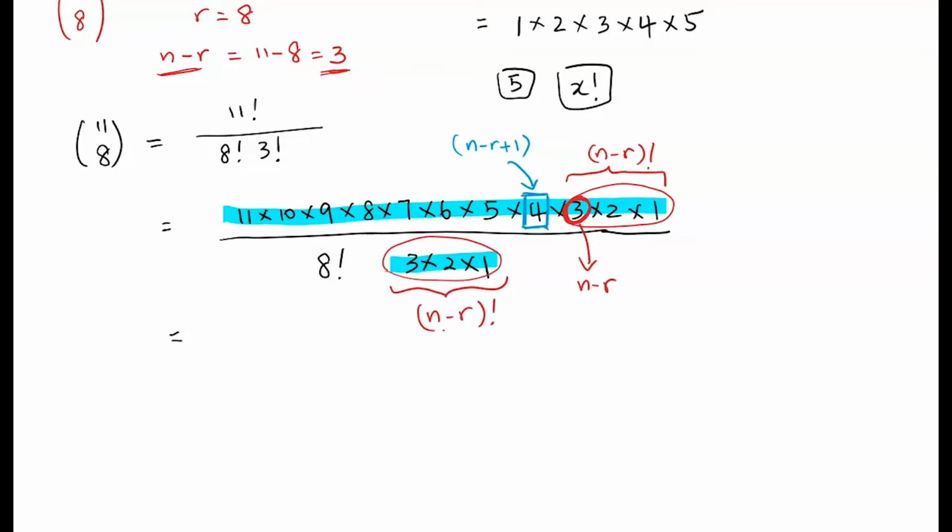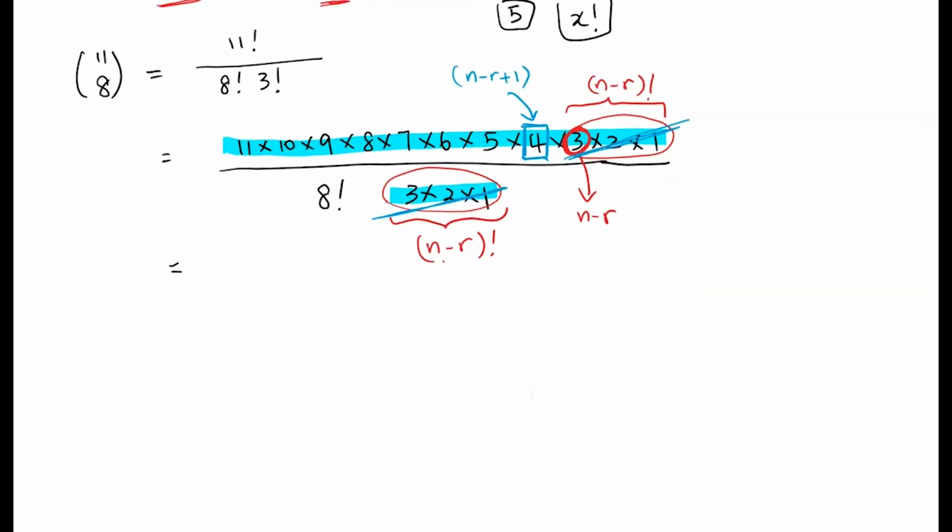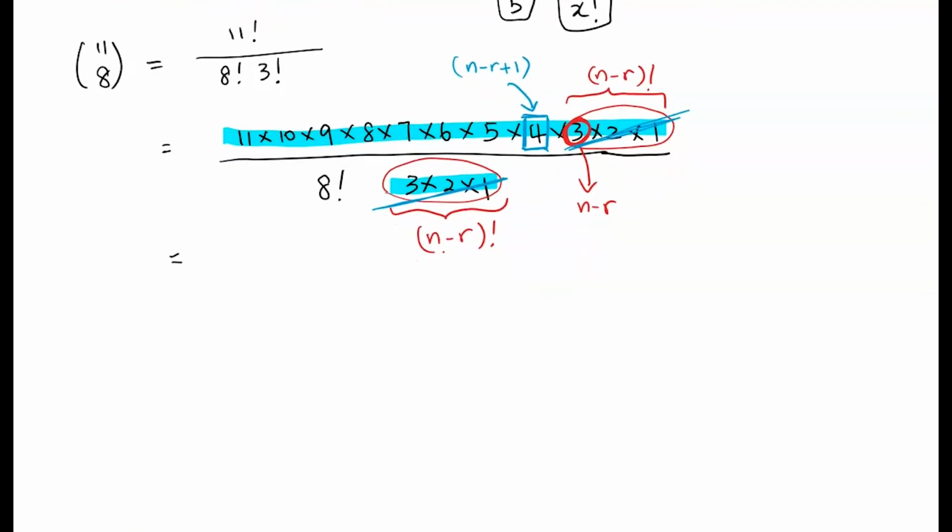Now the next step, I can simplify my 11 choose 8 by doing cancellation. I can cancel my n minus r factorial here and my n minus r factorial here. Then what I have left is just 11 times 10 times, and I'm not going to write down all these, I'm just going to represent them using dots, dot dot dot, times 4, divided by 8 factorial.